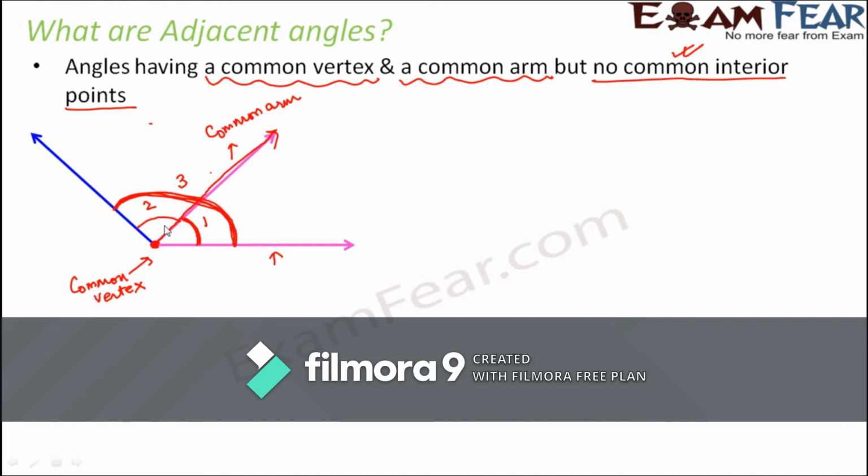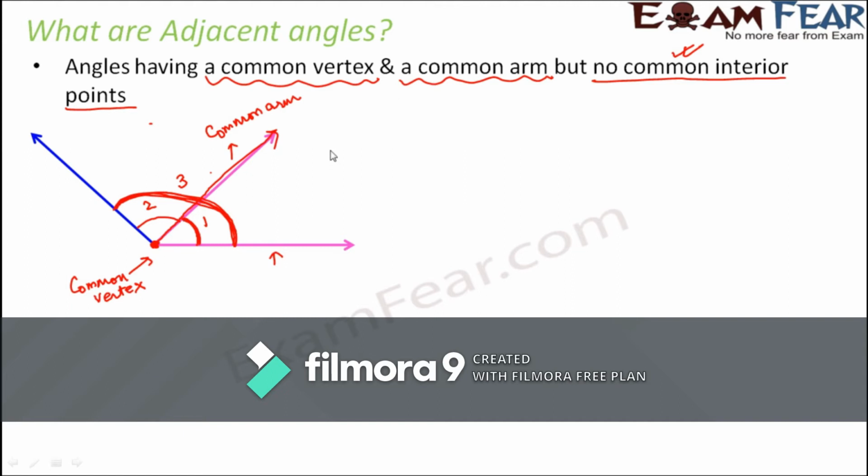Also, looking at this, you can see that angle 1 is like a part of angle 3. So basically we can't say that they are sitting next to each other. Angle 3 is occupying a huge space. Out of that, a small space is given for angle 1. Right? So angle 1 is basically sitting in the territory of angle 3.